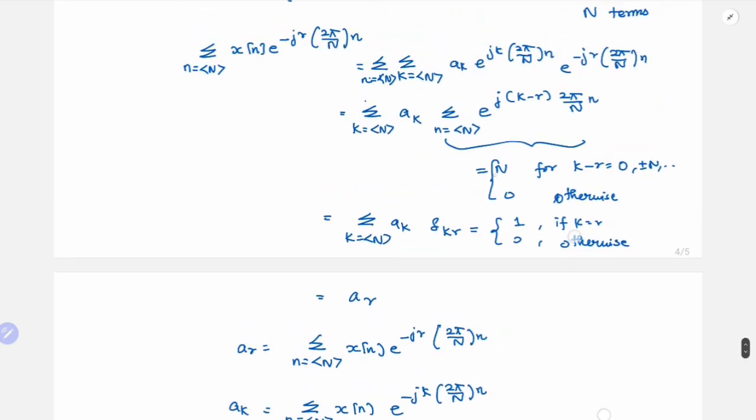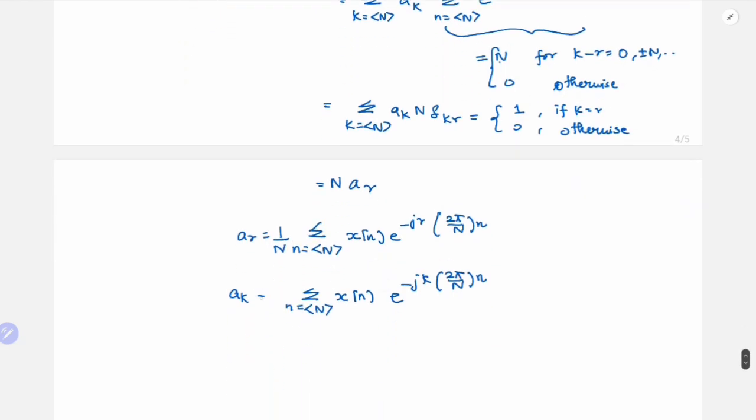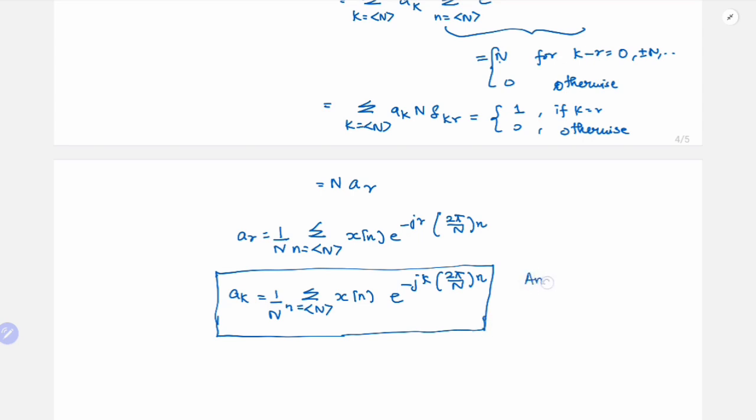And I also missed this N here, right? So this will be N a_r. So this is going to be 1 by N. So this is my closed form expression of a_k. Okay. And this is called my analysis equation.